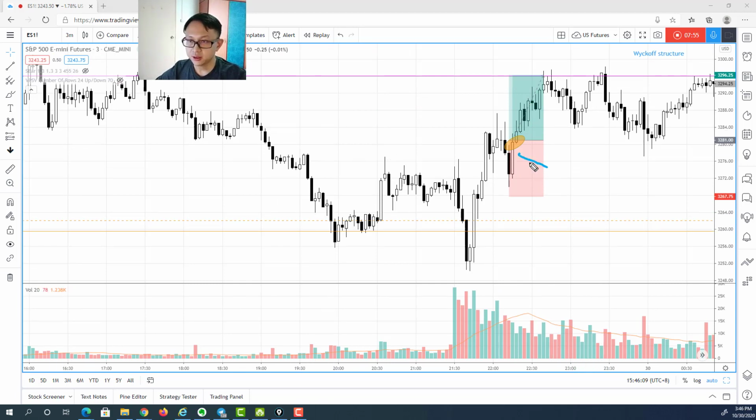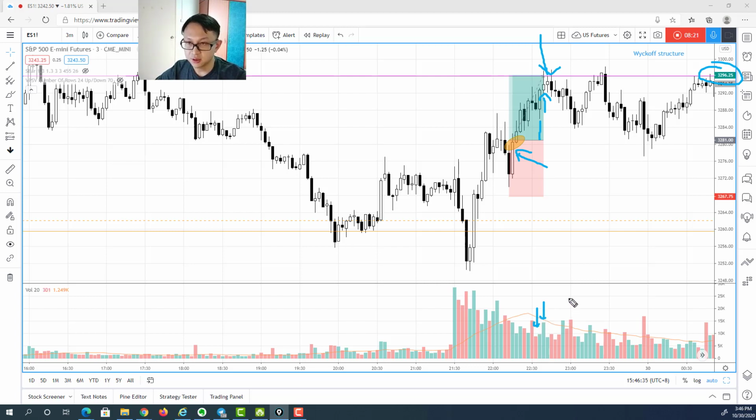After I entered the long position here, I waited for my target, which is very close to this level, about 3300. In fact, if you want to be precise, it's 3296. Just pay attention to these two bullish bars, and also look at these two volumes.